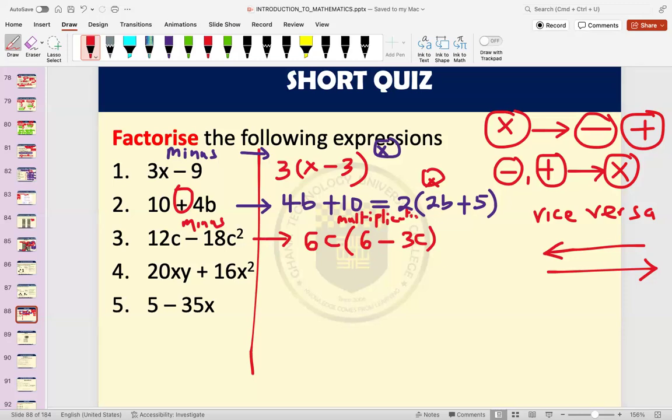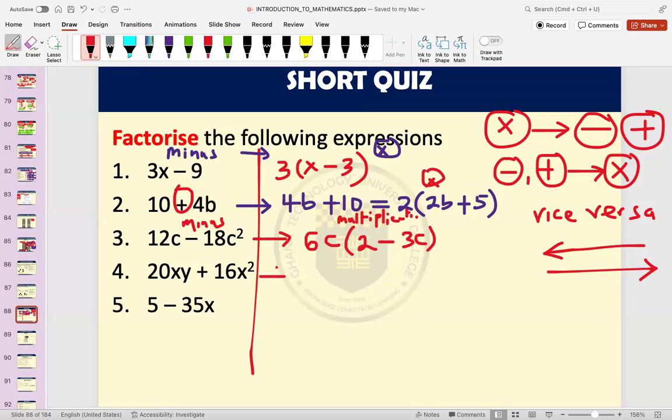Oh, sorry. It's an error. It's supposed to be 2. Yeah. Thank you. It's 2 minus 3c. That was a quick observation. Thank you. Right.